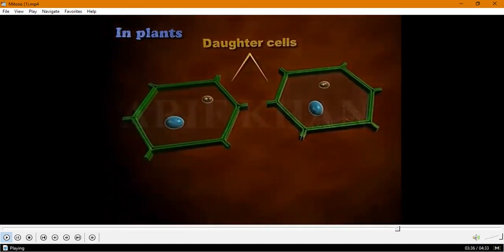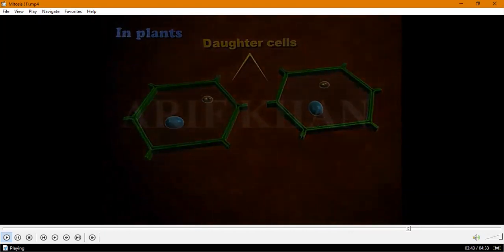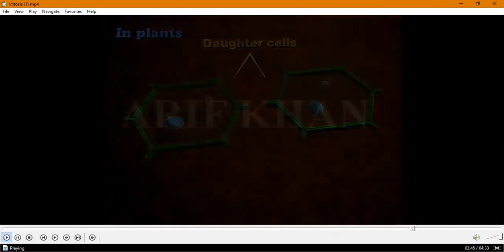In this module, you have learned mitosis is the process of separation of nuclear chromosomes into two identical daughter nuclei. Mitosis involves four key phases: prophase, metaphase, anaphase, and telophase. In prophase, the chromatin condenses and becomes short and thick to form the chromosomes.